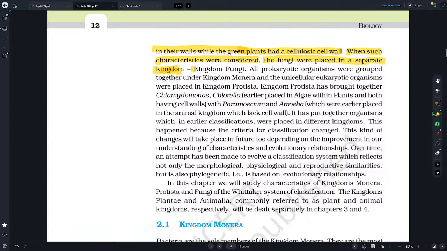The majority are important decomposers, many of them saprophytes actually, and have a significant impact on human affairs. They are helpful in making curd from milk, production of antibiotics, and fixing nitrogen in legume plants, in the root nodules, etc. Some are pathogens causing damage to human beings, crops, farm animals, and pets.